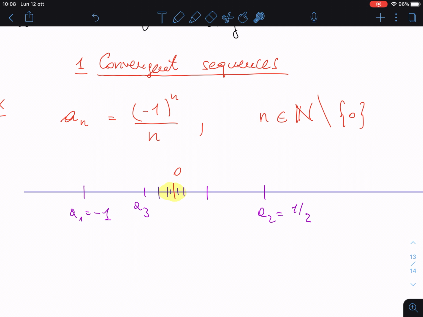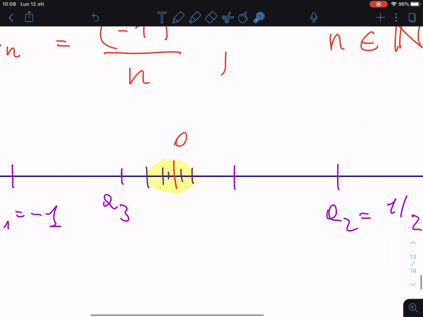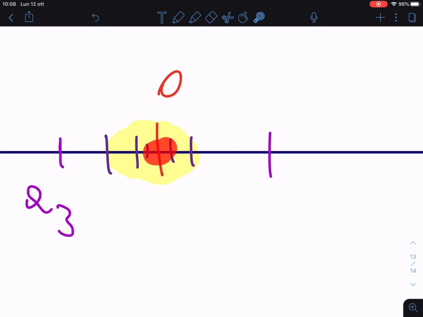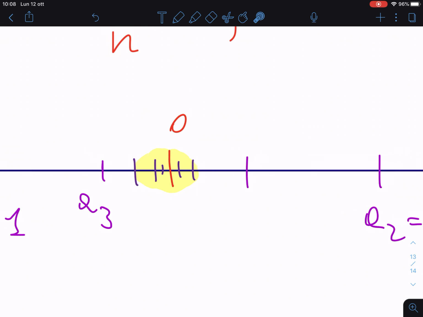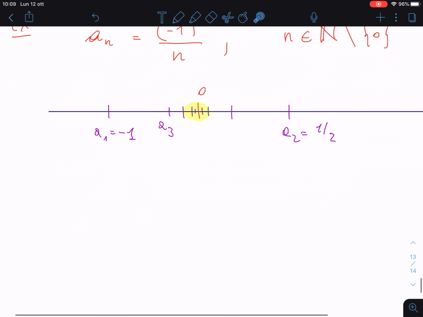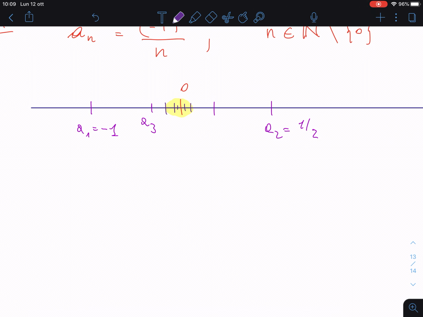And the strength of this definition is that we are not talking about one specific neighborhood of 0, but for every neighborhood of 0. So we can focus our attention on neighborhoods that are smaller and smaller, and sooner or later the sequence will go there and will never get out of the neighborhood. Okay? This is what we choose in order to describe this behavior.